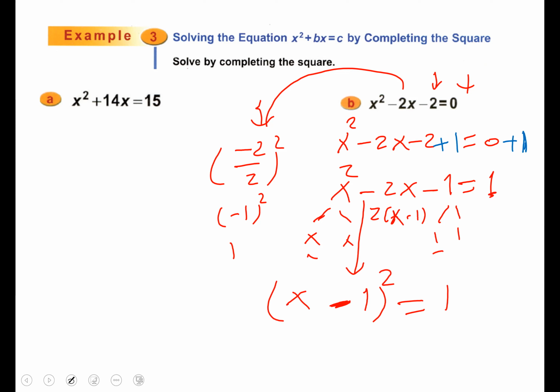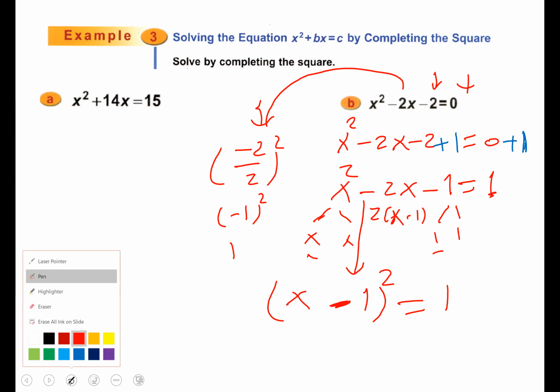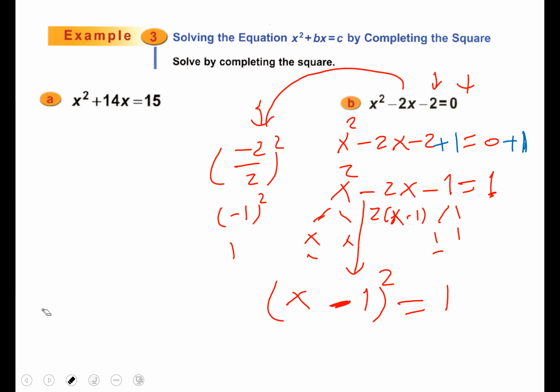Here, guys, what do you have? You have the power of 2, so let's take the square root to both sides. This cancels out the power of 2, the radical expression. What's left, guys? x minus 1 equals plus or minus 1.